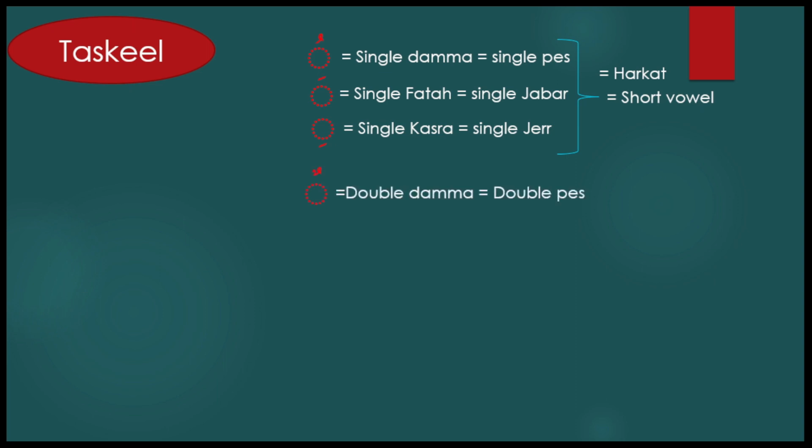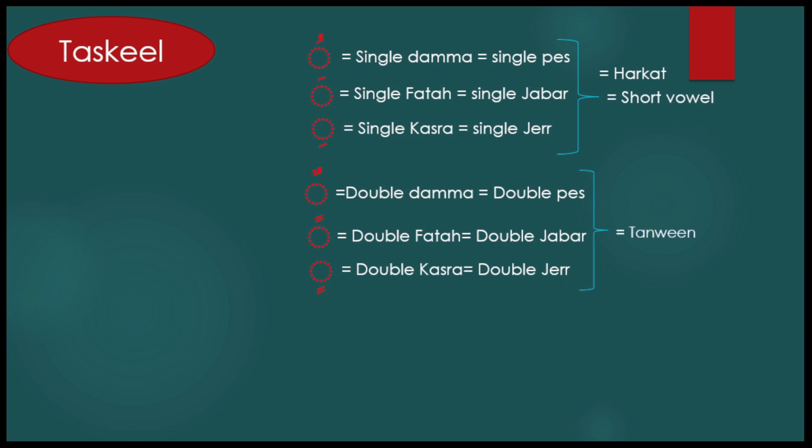We have also double Dhamma, double Fatha, double Kasra. These three are called Tanween. It is called Tanween because these three make a Nun sound at the end of the word. We have also Sukun, the dot on the top, and the Shadda like this. These two are called Sukun and Shadda.